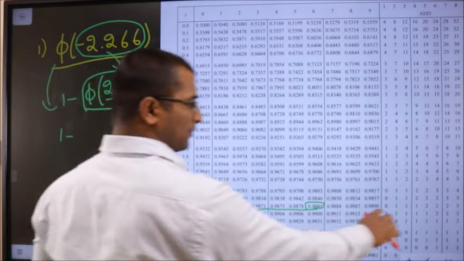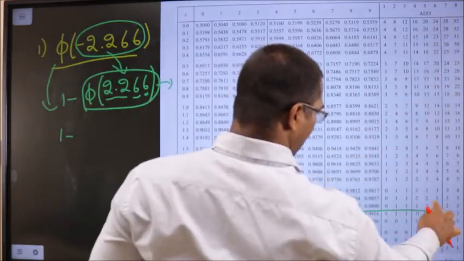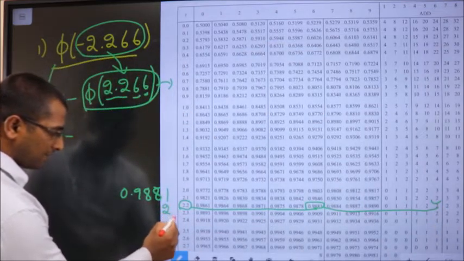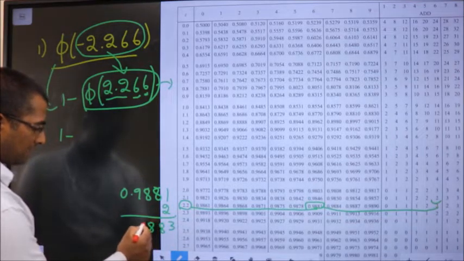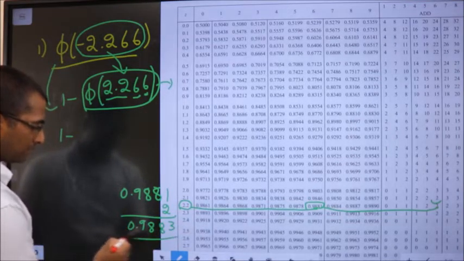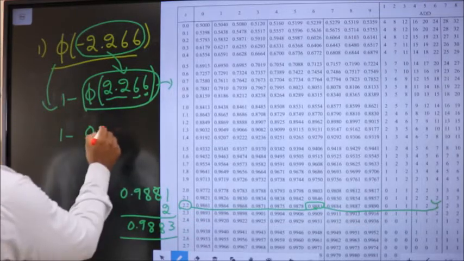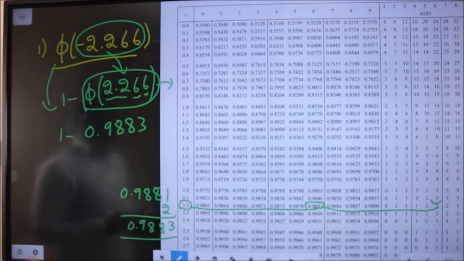So in the same row, where do you come across 6? Here. The value is 2. So add 2 at the end. So this will result in 0.9883.